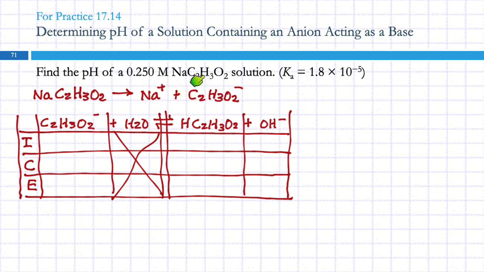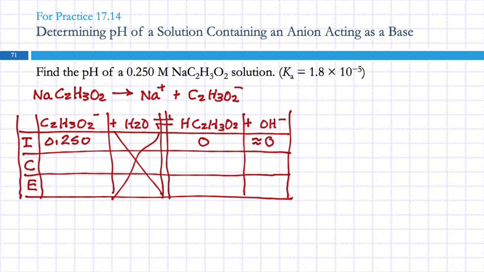So sodium acetate dissolves, separates, and so the initial concentration of C2H3O2 minus is this 0.25. What's the initial concentration of acetic acid? 0. And hydroxide? 0. Essentially 0.